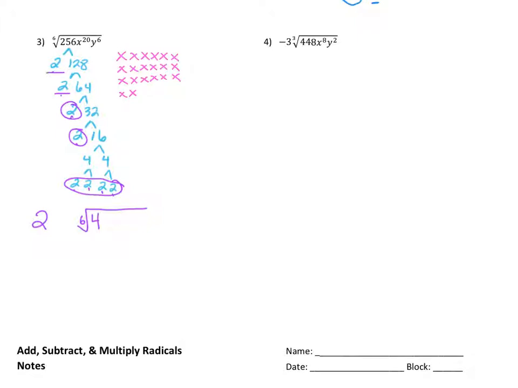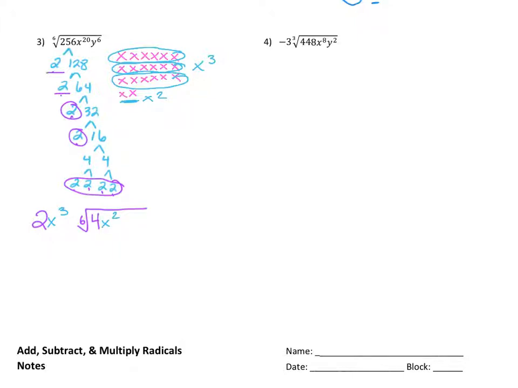Okay, so I have 20 x's and I'm looking for groups of 6, and I kind of purposely put them in their groups. So I have 1 group of 6, 2 groups of 6, 3 groups of 6, with 2 left over. So that means an x to the third is going to come outside my root, and an x squared is going to stay in my root.